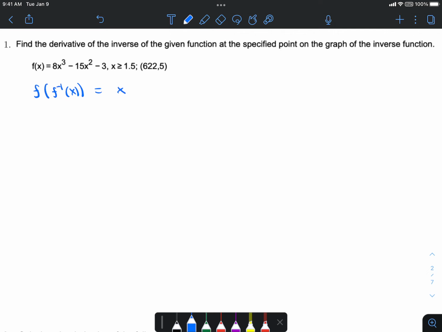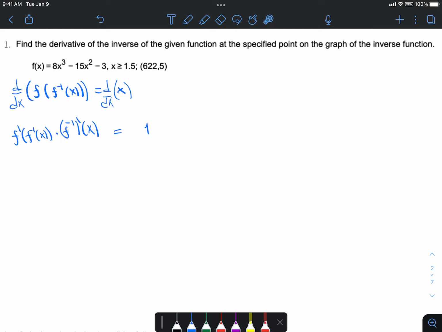Now from this equation, you can use the chain rule by deriving the equation on both sides. So that's technically first implicit differentiation. The right hand side would be 1, and the left hand side, by the chain rule, would be the derivative of the outer function applied to the inner function times the derivative of the inner function.